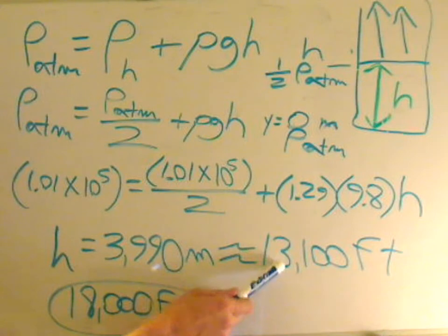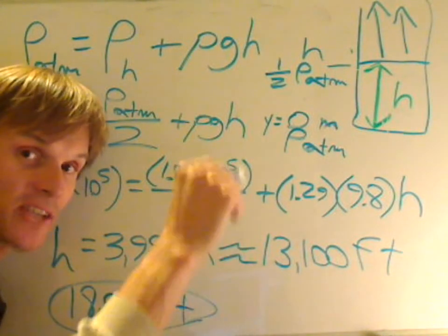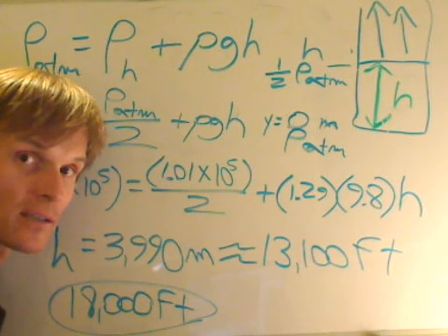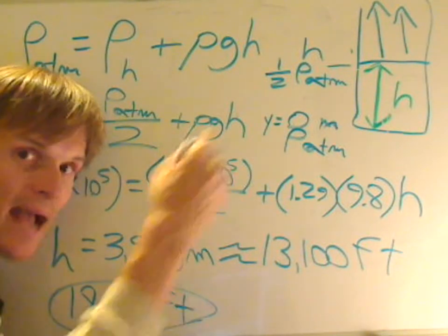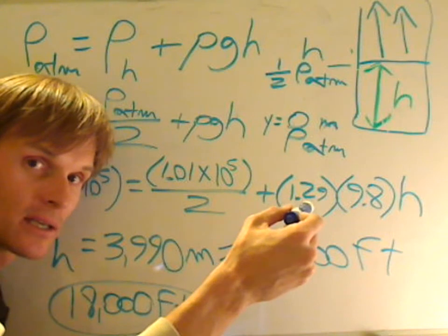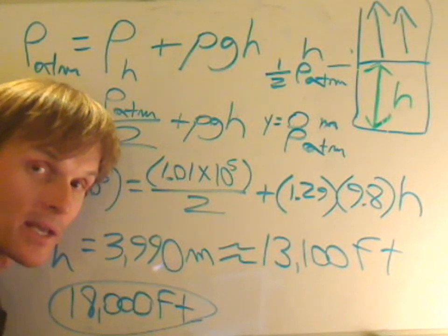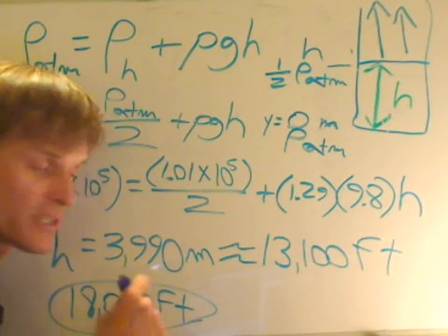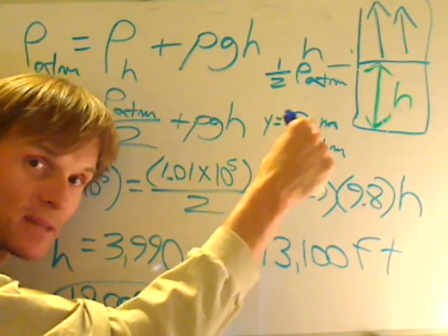What we've assumed in this problem is that the density is the same throughout the atmosphere, that the density at the surface of the Earth is exactly the same as it is at the top. That's a reasonably good assumption for liquids, which are incompressible. But gases are compressible, so the density of gas is actually higher at the surface of the Earth than it is at the top of the atmosphere.